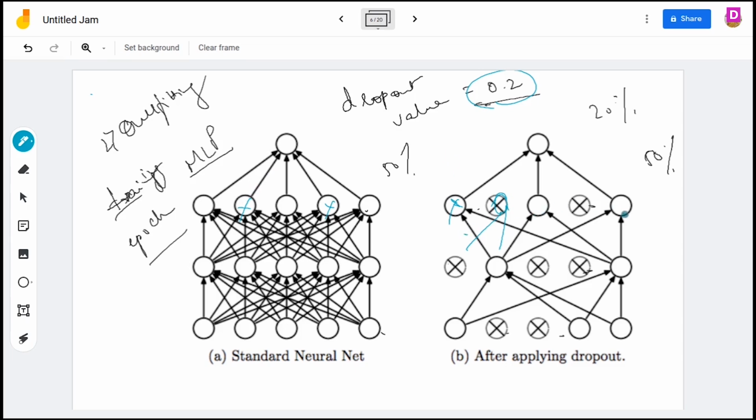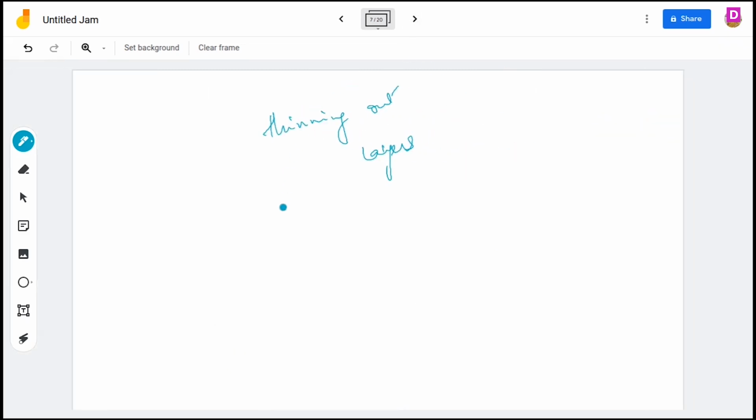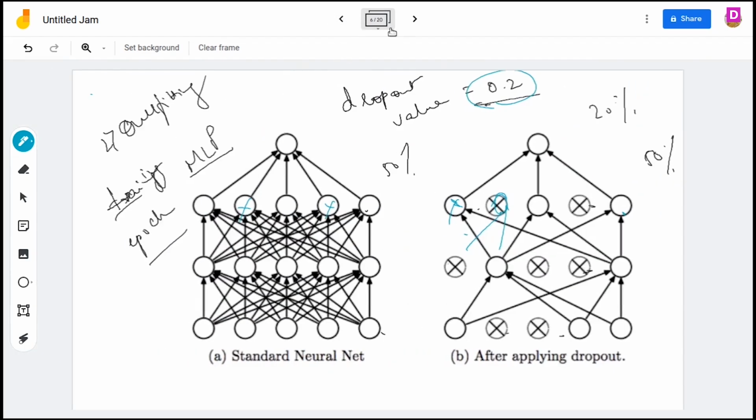Fewer neurons means chances of overfitting are less. Sometimes the data is less but your trainable parameters are a lot. In that case it is good to use dropout, and it has been shown through results.